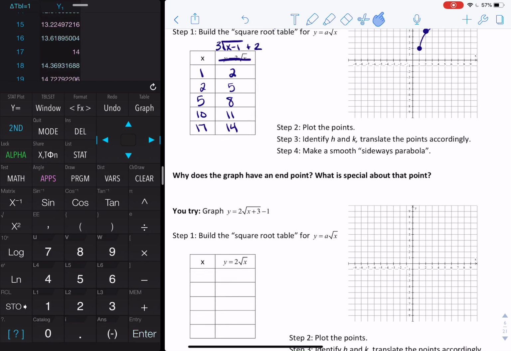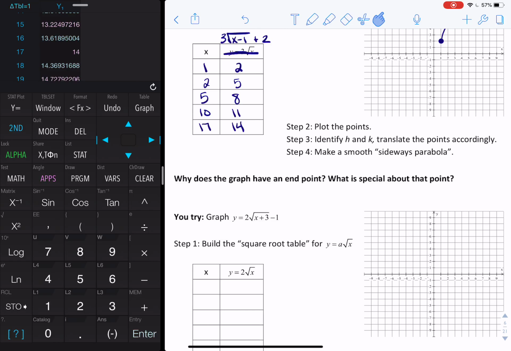All right, so it says down here, why does the graph have an endpoint and what is so special about it? So let's go back to looking at our table here. So we said everything below 1, 2 is NA, and on your calculator you might see error. And what that means, think about when we talk about, can we take the square root of a negative number? And no, we can't. So if I were to plug in anything below a 1 into x, it would end up being a negative number, so it doesn't work.